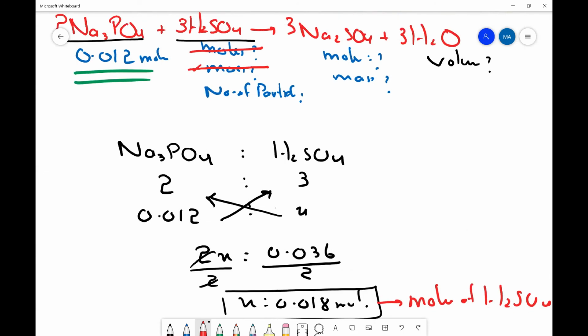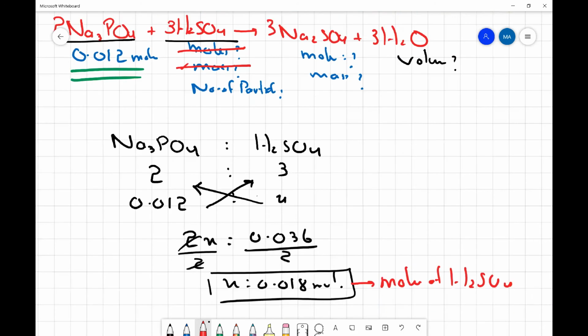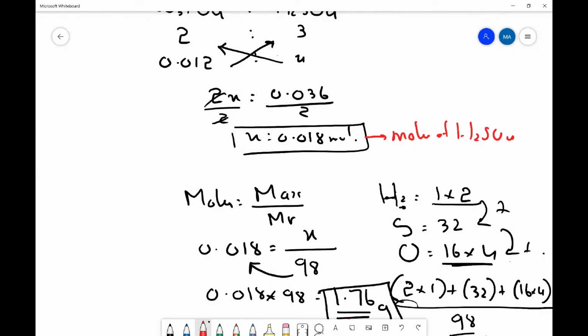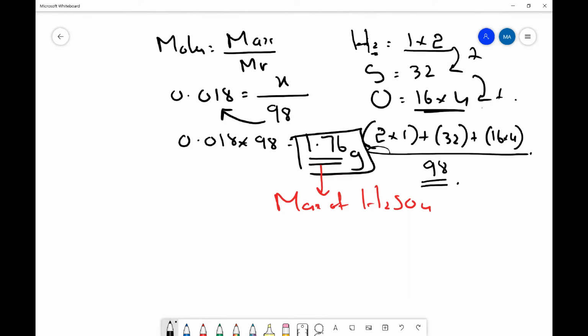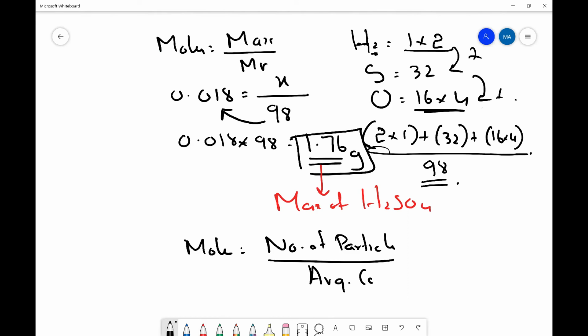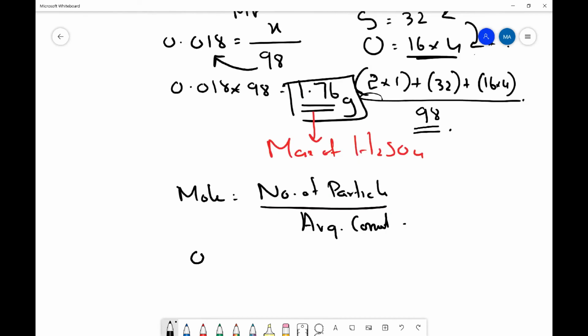Now you're asked to find the number of particles of H2SO4. We're going to use the second formula: moles is equal to number of particles over Avogadro's constant. You already know the moles, 0.018.